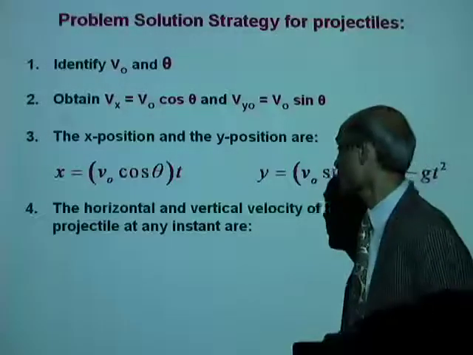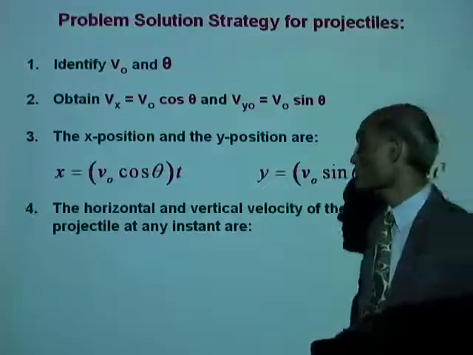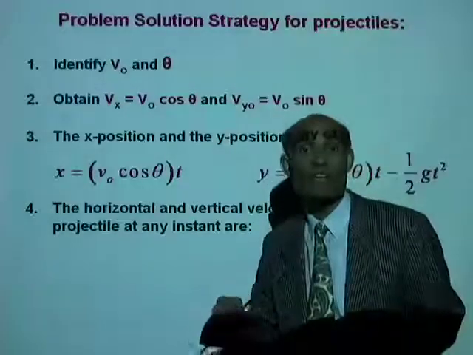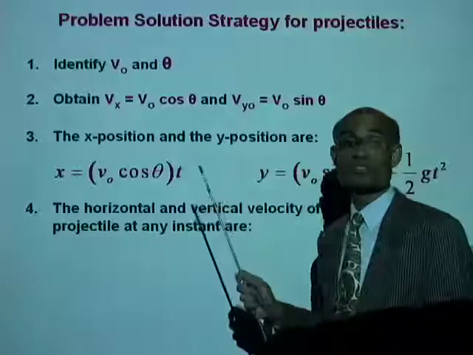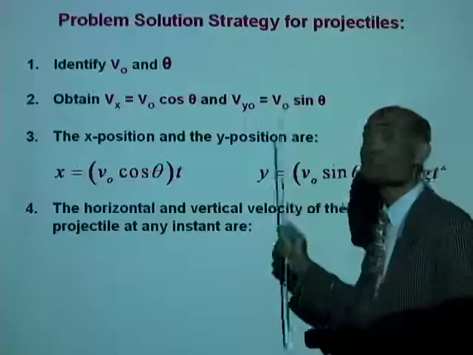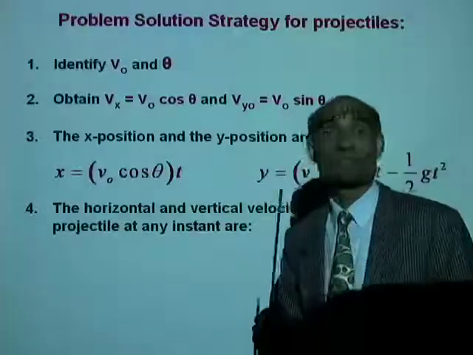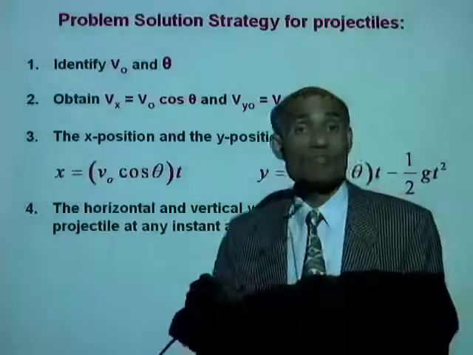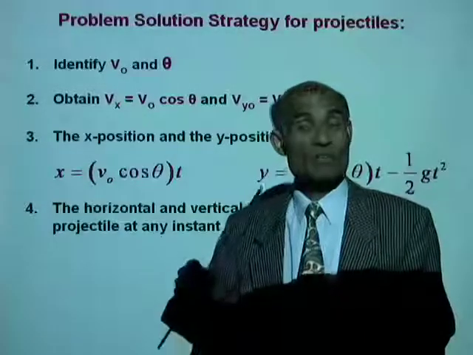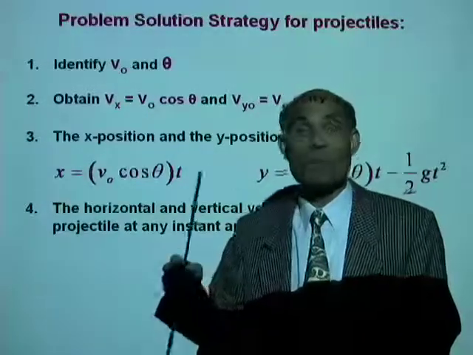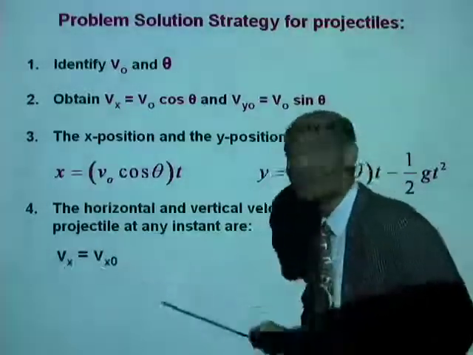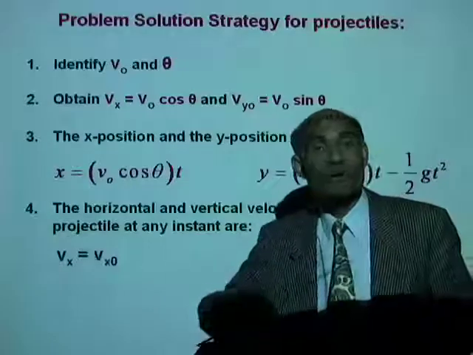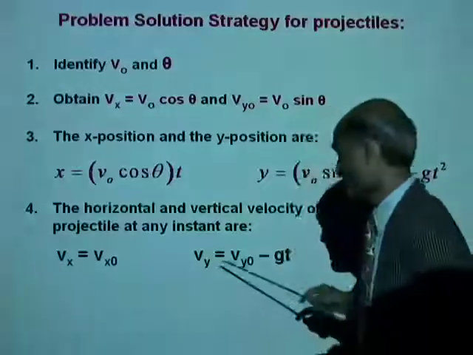Now the horizontal and vertical velocity of the projectile at any given time. The horizontal velocity does not change. How does the vertical velocity change? The vertical velocity Vy is equal to Vy0 minus gt. So Vx equals Vx0, that will not change.